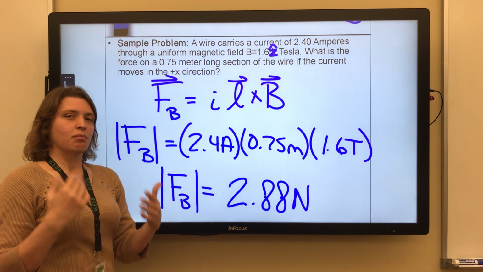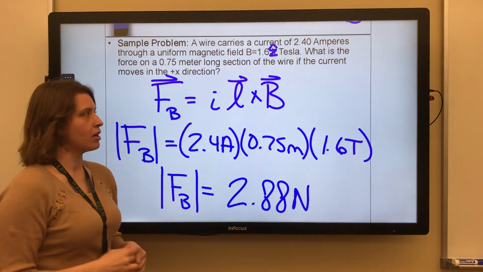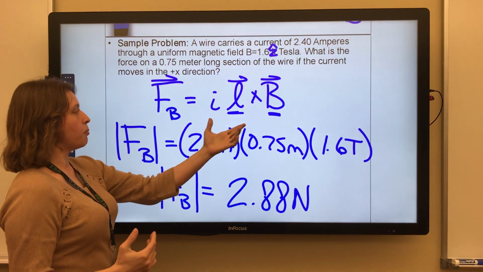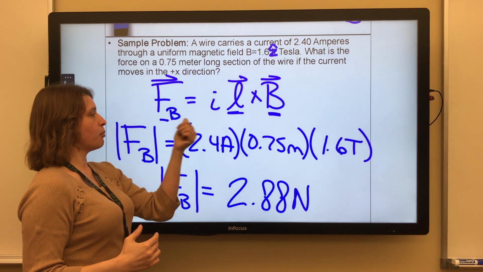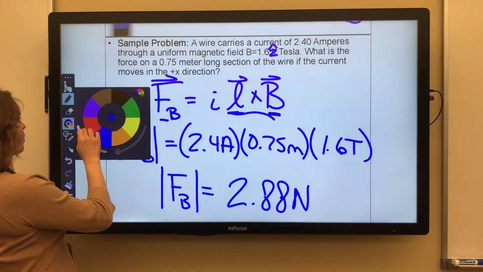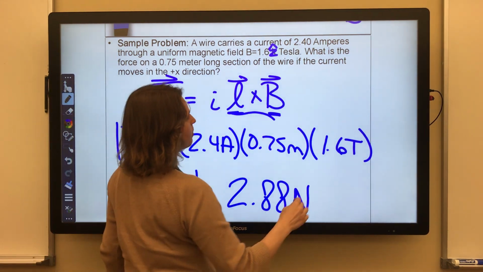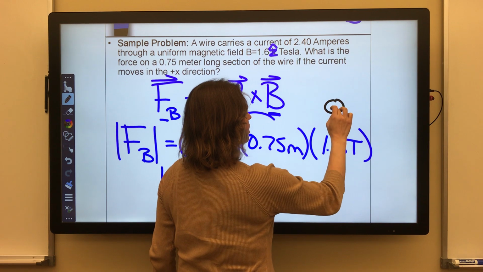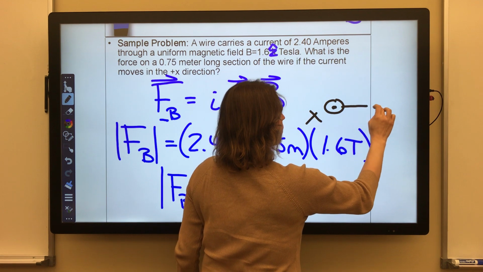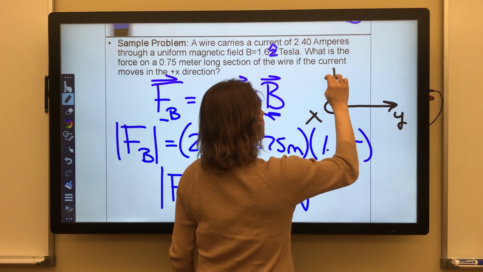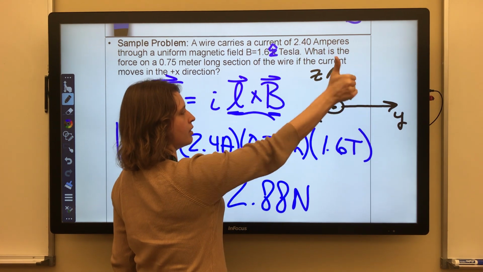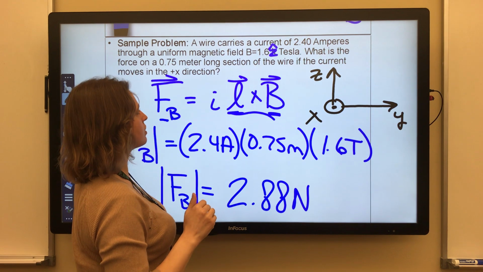Now, you might be able to tell already, as we talked about earlier, that the force is always going to be perpendicular to the plane that contains L and B. So I'm going to draw a right-handed coordinate system to help us out with this. X is pointing out of the board this way. That's the X direction. Y is this way. And Z is upward. That's X, Y, and Z, which gives you a right-handed coordinate system.